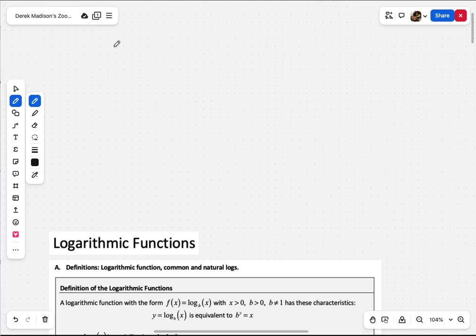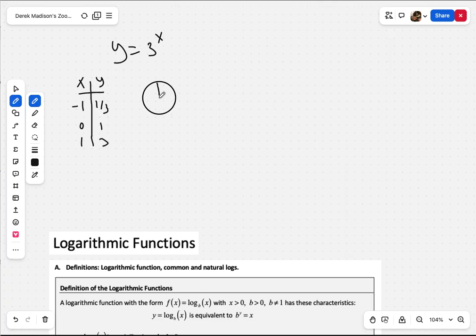So in the last section we had y equals 3 raised to the x, and when we made a table for that, negative 1, 0, 1 were the points that we tended to use. Then 3 to the negative 1 would be 1/3, 3 to the 0 would be 1, and 3 to the 1 would be 3. And what we got was a graph.